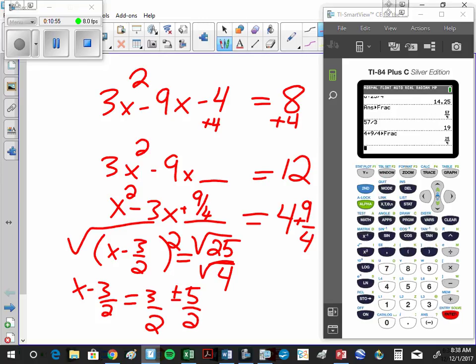So what is 3 plus 5 divided by 2? 3 plus 5 is 8, divided by 2 is 4. So x equals 4. And then 3 minus 5 is negative 2, divided by 2 is negative 1. My answers are 4 and negative 1. That was a good guess, huh?